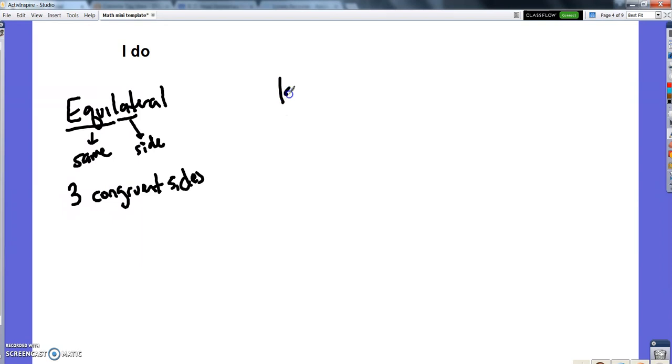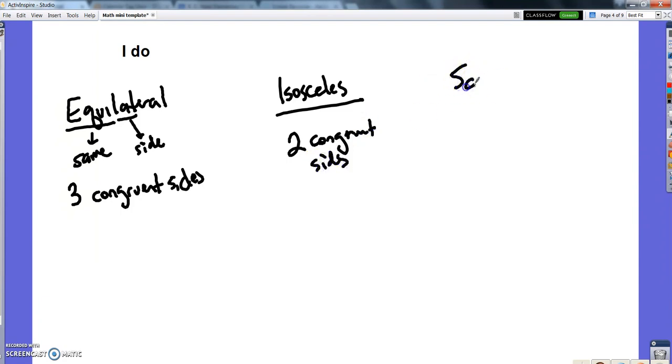Then there are isosceles, I-S-O-S-C-E-L-E-S, I believe. Isosceles triangles have two congruent sides. And scalene triangles have no congruent sides. So it's just about how many sides match. Equilateral they all match. Isosceles two, scalene none.